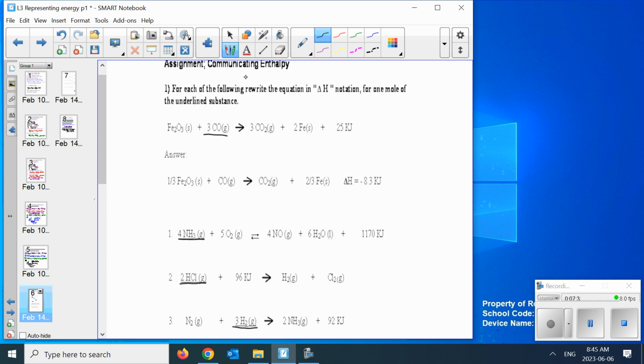Maybe it doesn't make sense why, but it's a skill. What I'm going to do is divide everything by 3. You know how when there's no number in front, it's a 1. So I'm going to go 1 divided by 3, 3 divided by 3, 2 divided by 3, 25 divided by 3. I chose the 3 because the underlined substance had 3.